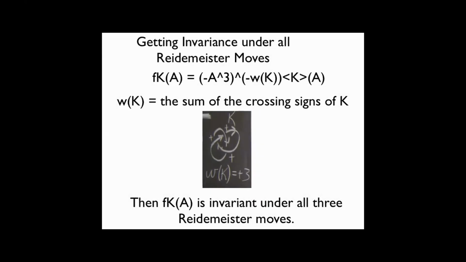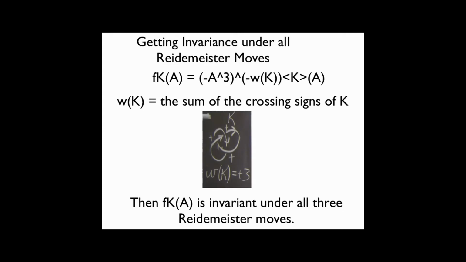Now, to get full invariance of the bracket, you need to multiply by what happens to the loop. And so we need a quantity which is not quite invariant, and that is the sum of the crossing signs of the knot. So here I have drawn a trefoil knot on the blackboard, and it has all positive signs, and its writhe is 3. The writhe is the sum of the crossing signs of the knot.